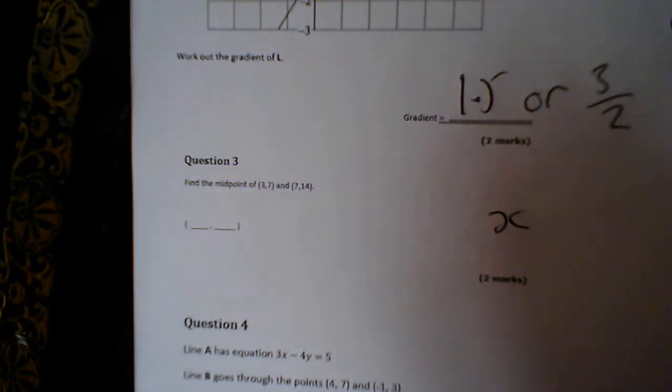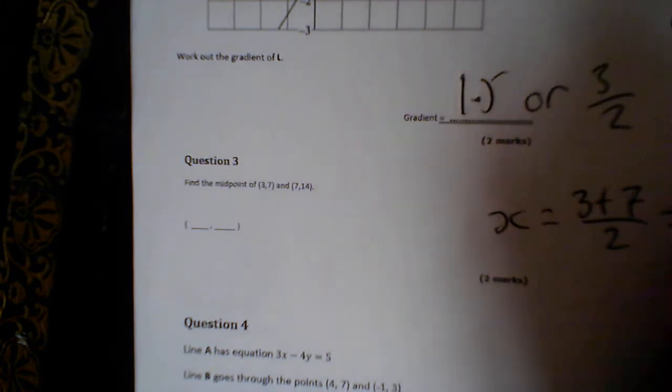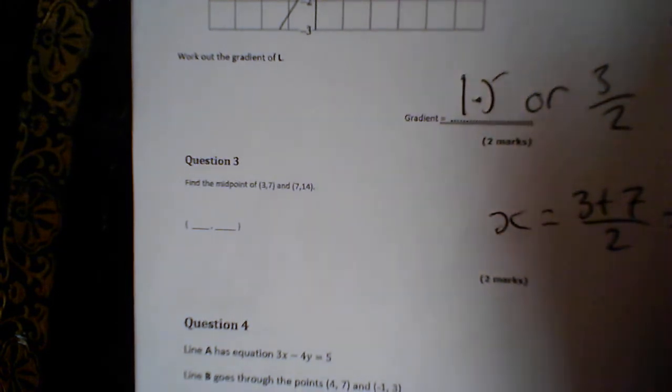Now question 3. We've got 3, 7 to 7, 14. We need the midpoint. Well, what's halfway? The x midpoint, halfway between 3 and 7. One way to do this is do 3 add 7 and then half it, take the average of them. 10 over 2, which is 5. So the x midpoint is 5.